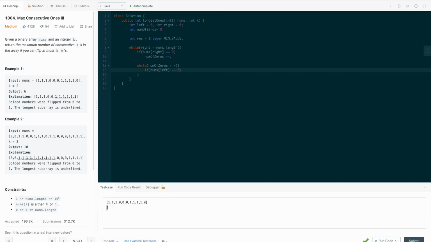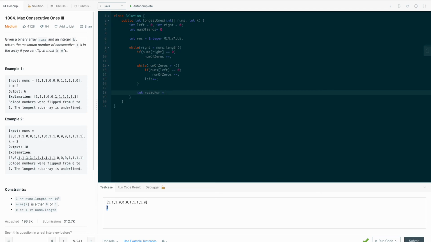If we found our first 0, we're gonna decrement our number of zeros, and then we're gonna increment our left. So we're gonna keep going with our left until we find the first 0, and then that's gonna be our left.